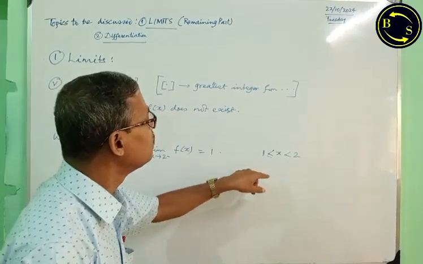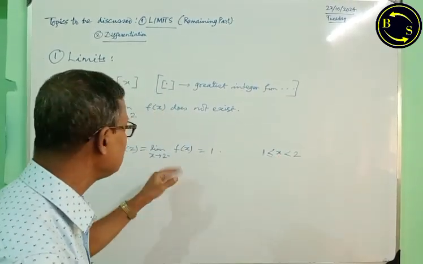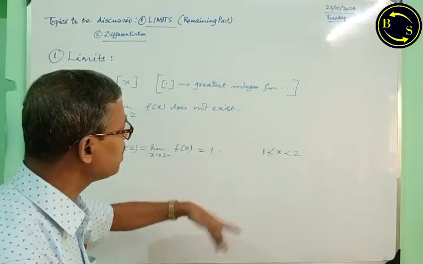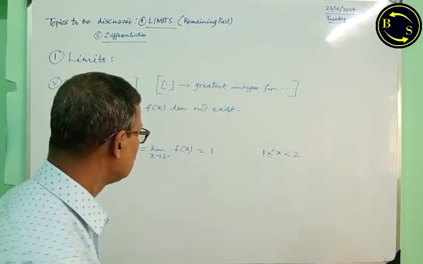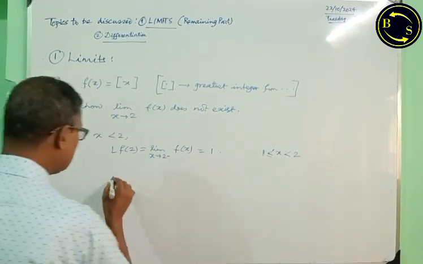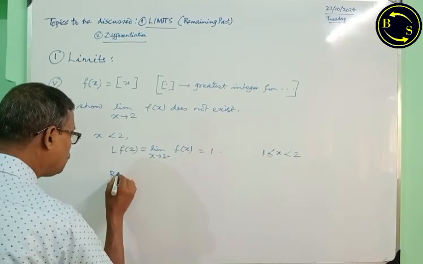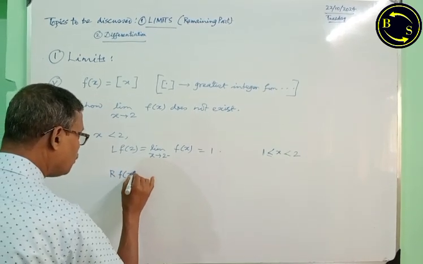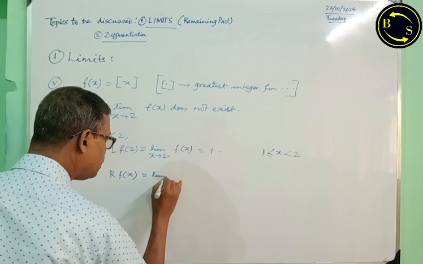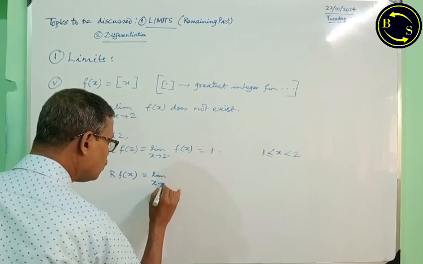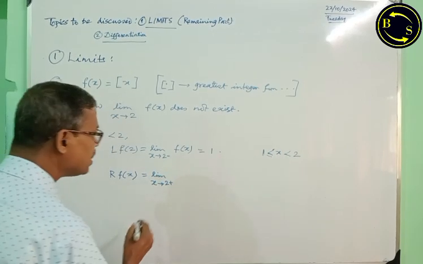For that, value of x may be taken as greatest integer function 1. Therefore, in this case, value will be 1, and R f(2) is limit x tends to 2 plus.